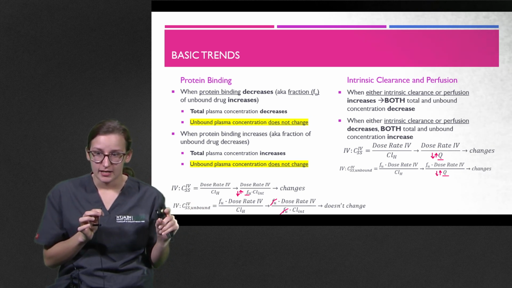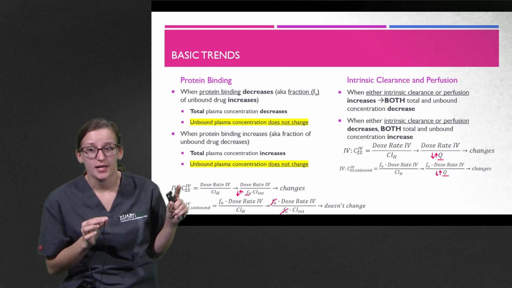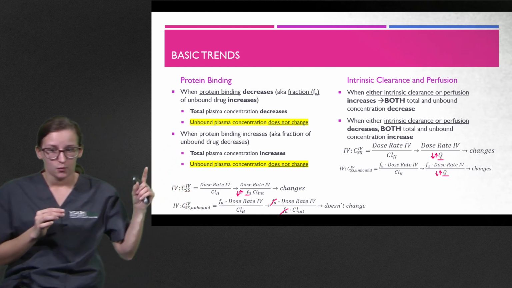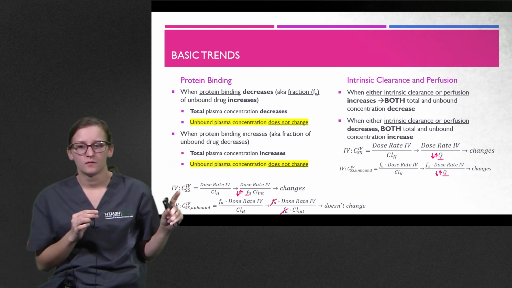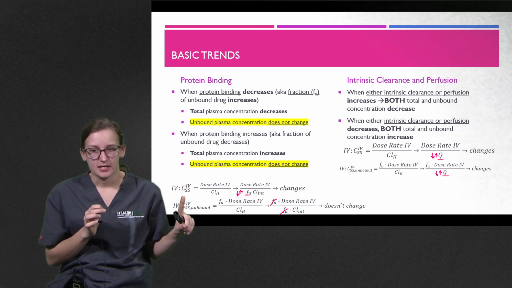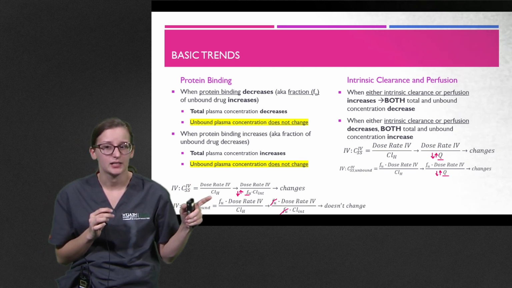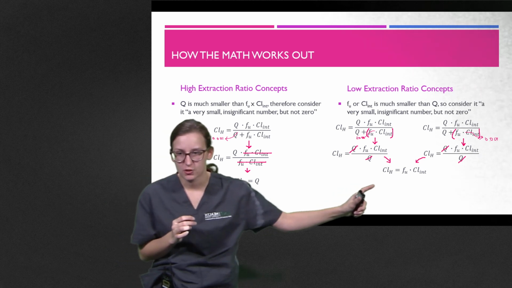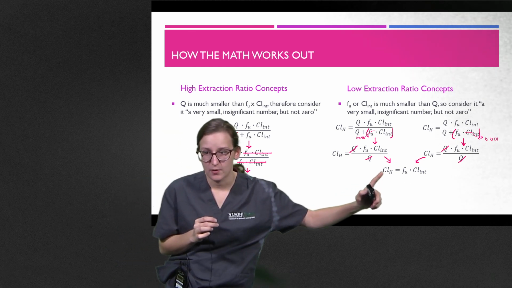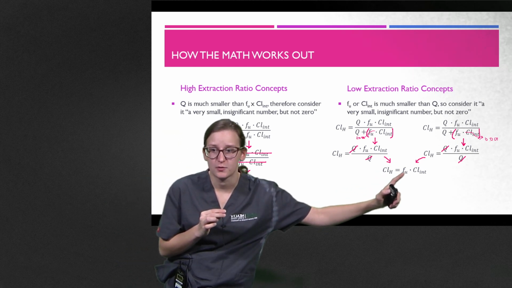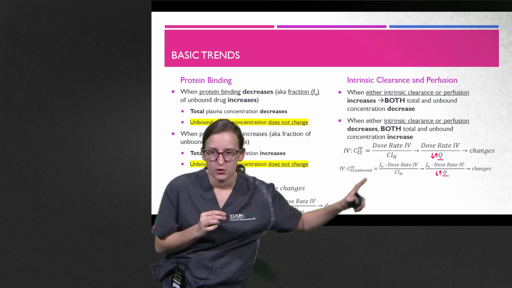I know this is kind of tricky, but if we look at the math here, what happens is if we look at IV steady state, and we take this hepatic clearance and we assume it's a low extraction drug, meaning that we can say that the hepatic clearance is equal to FU times intrinsic clearance.